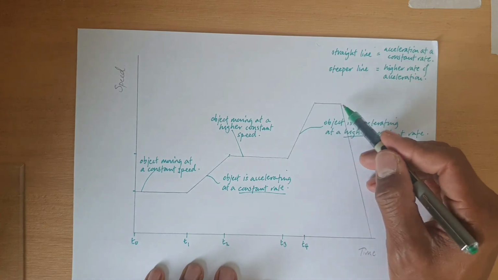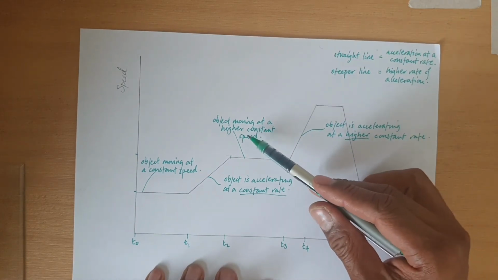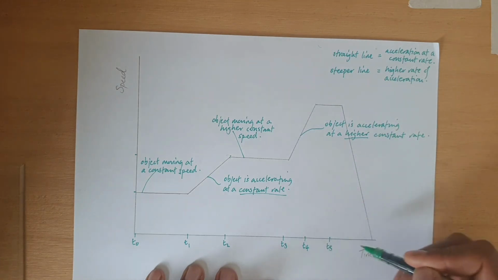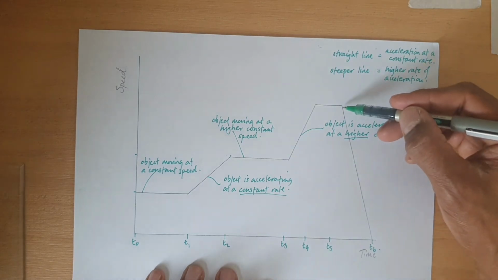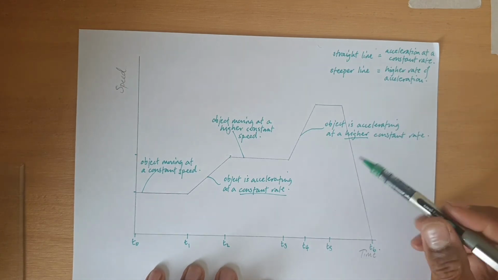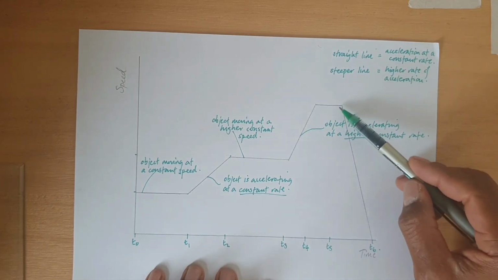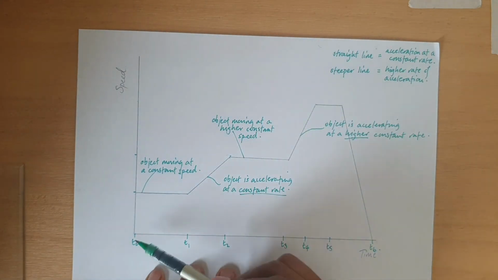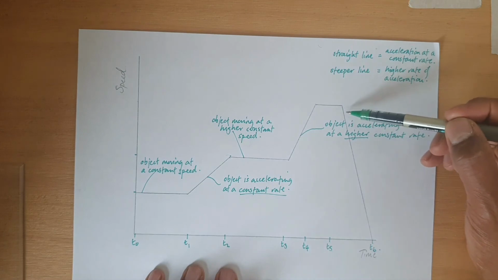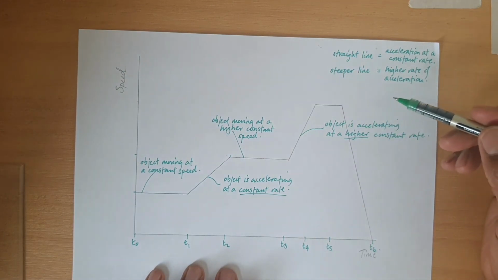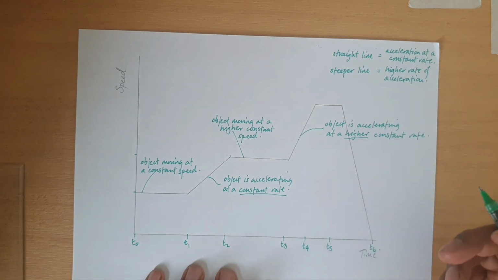I'm going to ignore T4 to T5 because hopefully you know that that is just the object moving at another higher speed. But T5 down to T6 shows a completely different line this time. Now this line is going down. Hopefully you can see that it starts at a high speed, which is up here, and then it ends at a speed of 0. So this object is technically accelerating, but we have a different word for accelerating when it means slowing down.